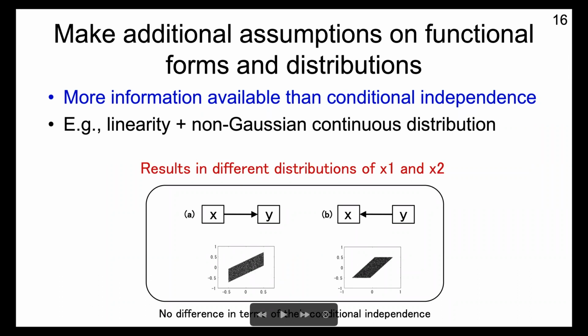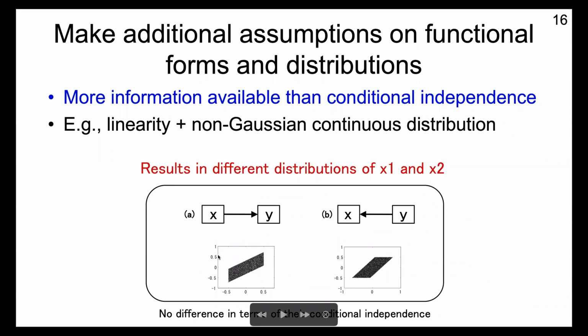Here, for the sake of illustration, I used a uniform distribution as the non-Gaussian distribution, but the same is true for other non-Gaussian continuous distributions. We use this difference in distribution to infer the underlying causal graph from the data.